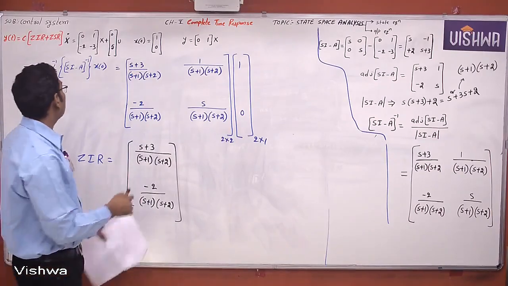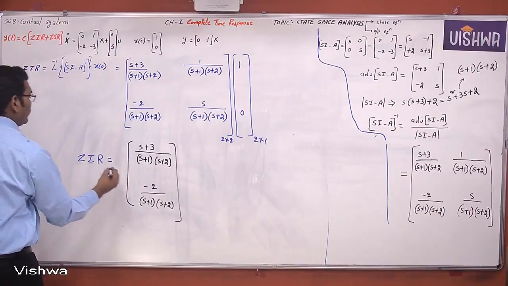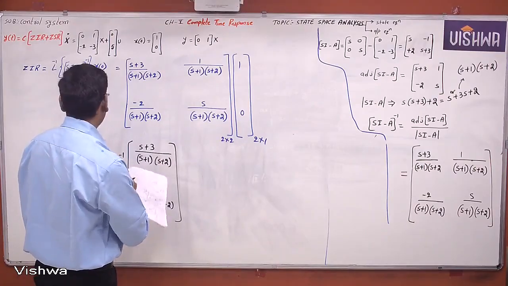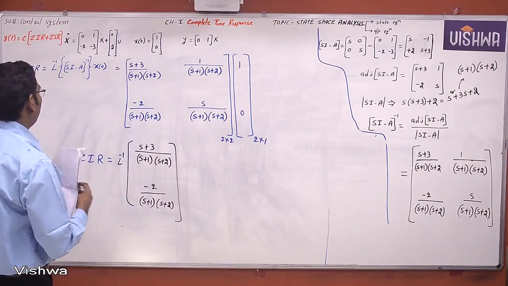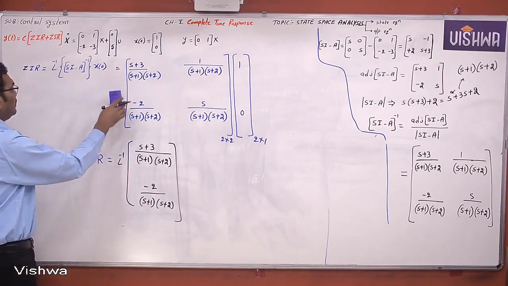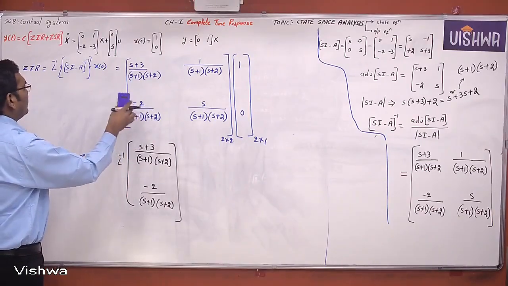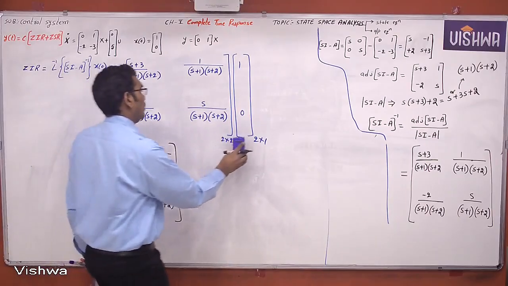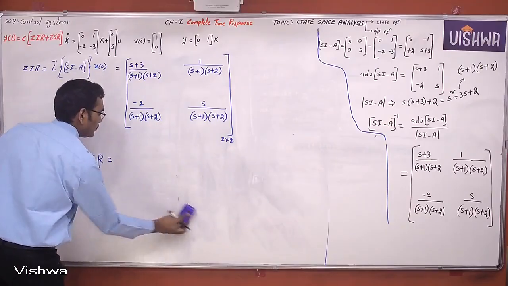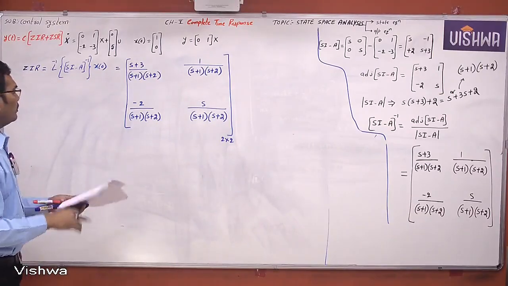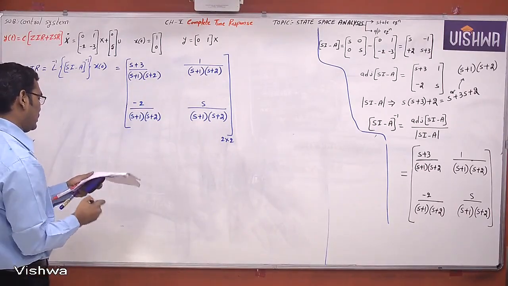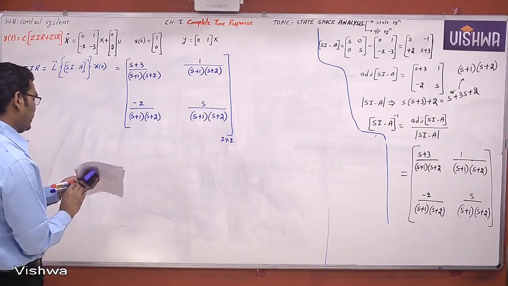Now we have the zero input response, and we take its inverse Laplace transformation. First you do the inverse Laplace transformation of the sI minus A matrix inverse, and after that you multiply it with x of 0.